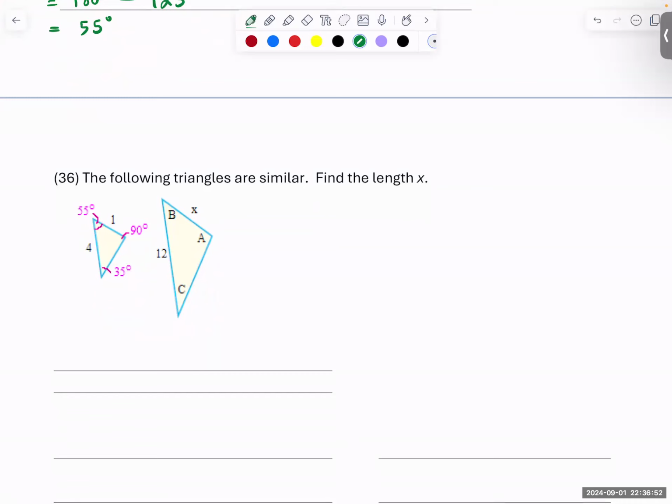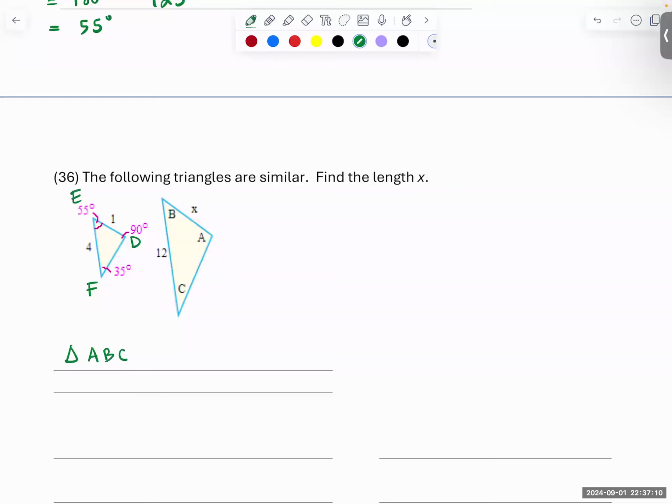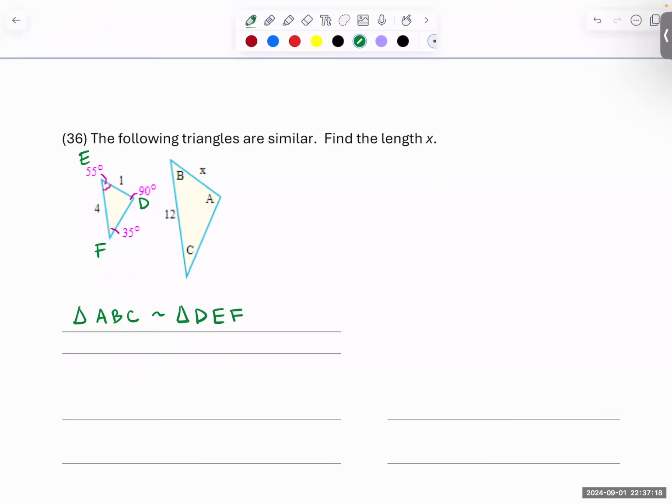Triangle ABC, those three letters are labeled counterclockwise. So we'll label the vertices D, E, and F. So we're given that triangle ABC is similar to triangle DEF. And that means again that their corresponding sides are proportional.